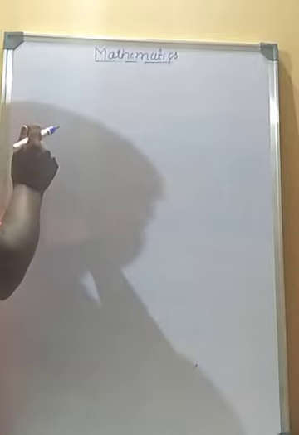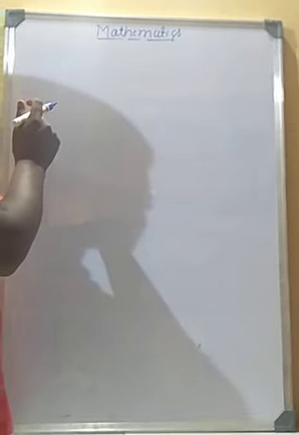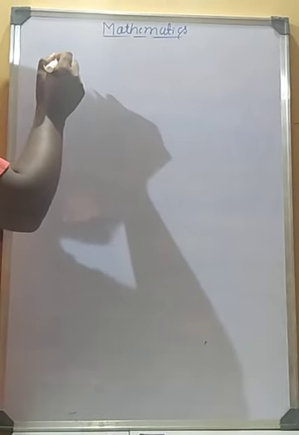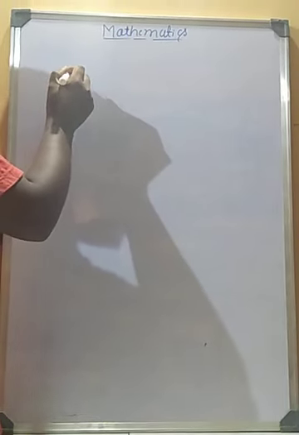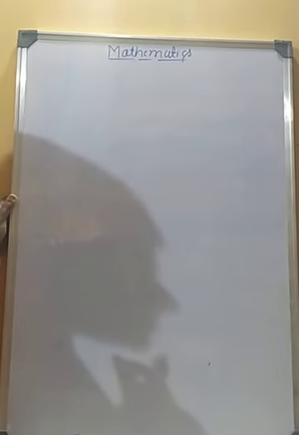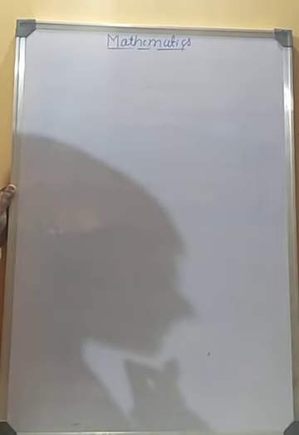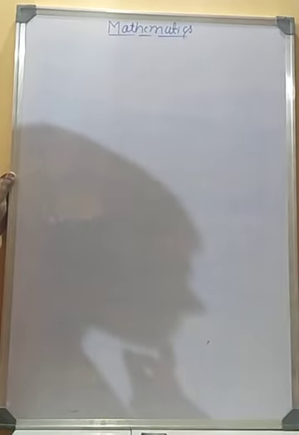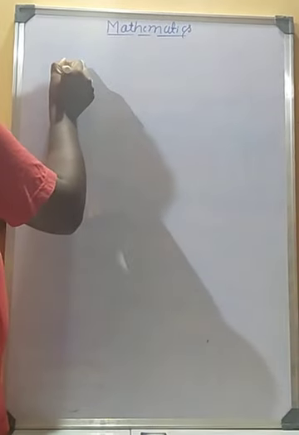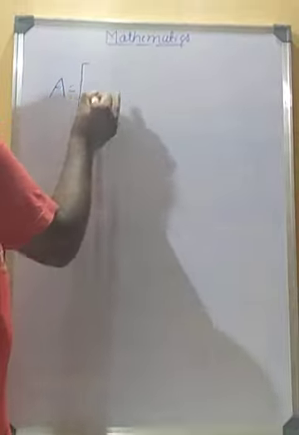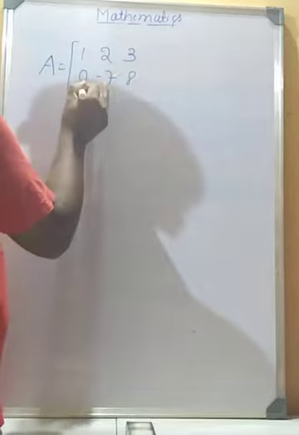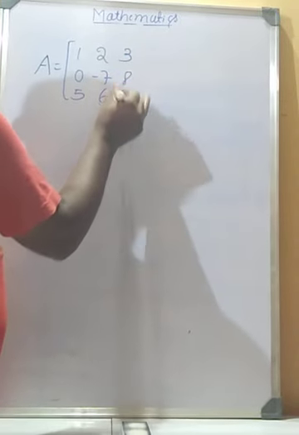Usually we denote the order of a matrix at the right side bottom of the matrix. For example, matrix A is equal to 1, 2, 3, 0, -7, 8, 5, 6, 4.